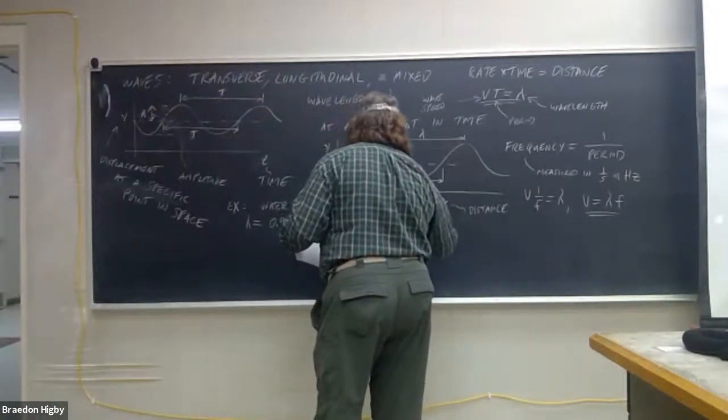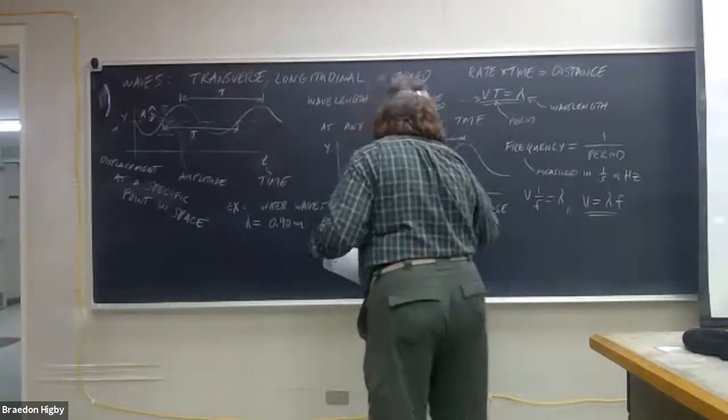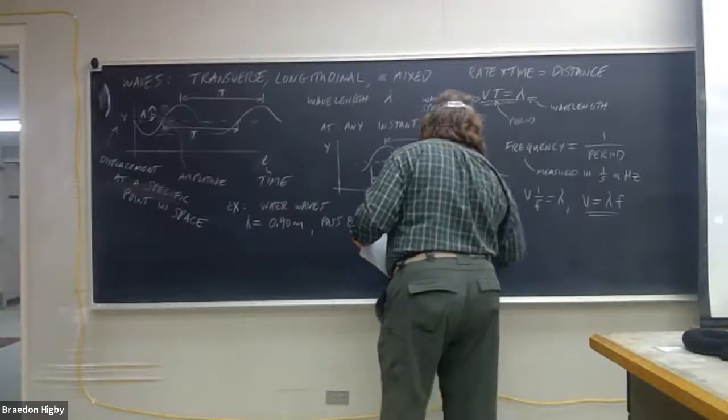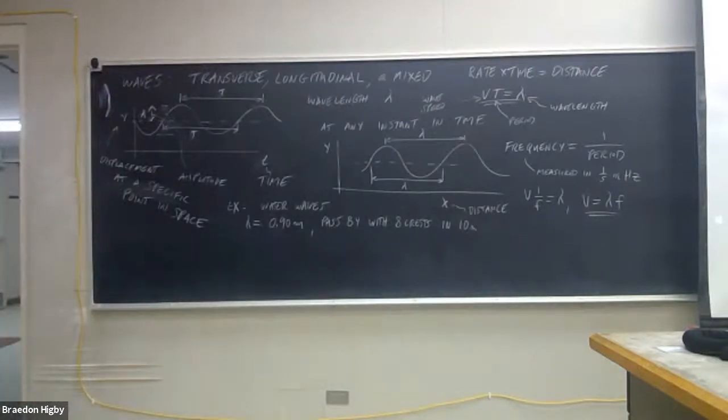8 crests in 10 seconds. And so if 8 crests pass by in 10 seconds, any ideas what the period would be?